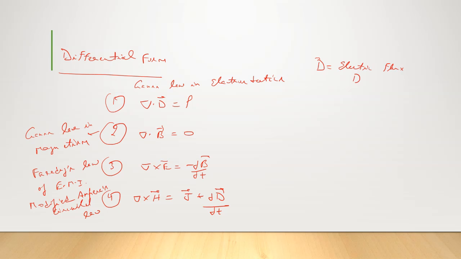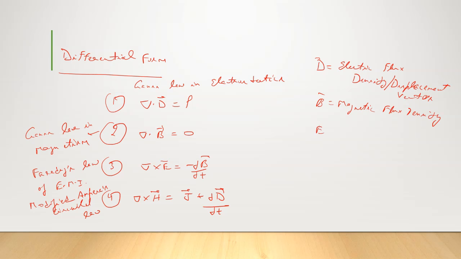Here D is the electric flux density or displacement vector. B is known as magnetic flux density.